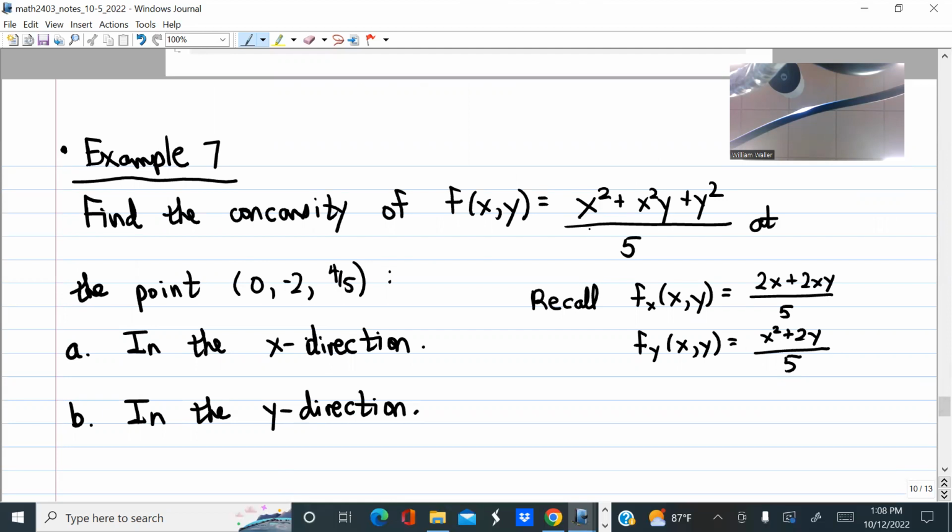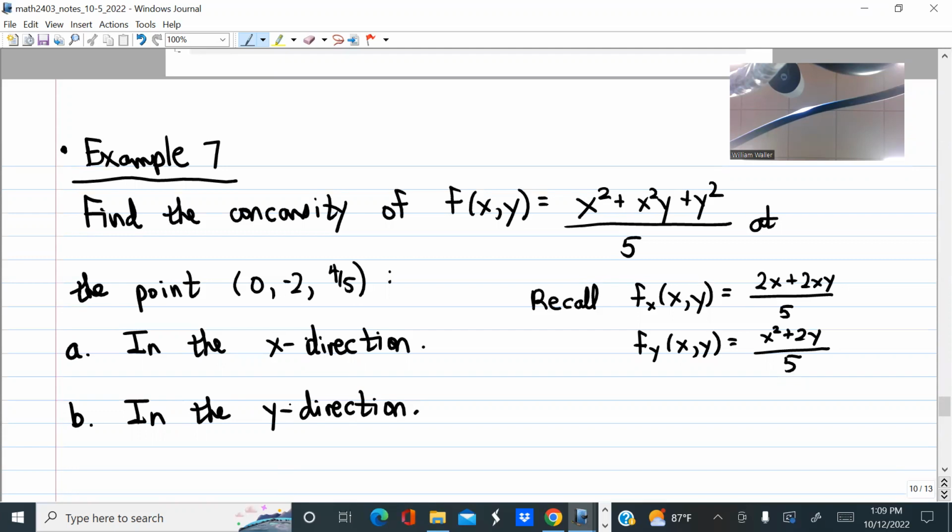So if we wanted to explore the concavity of this surface, we can do that through the second order partial derivatives. But this is only in the x or the y direction. So we can discover the concavity of this surface parallel to the x-axis and parallel to the y-axis.